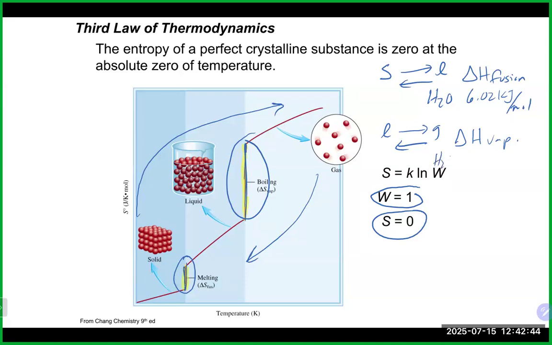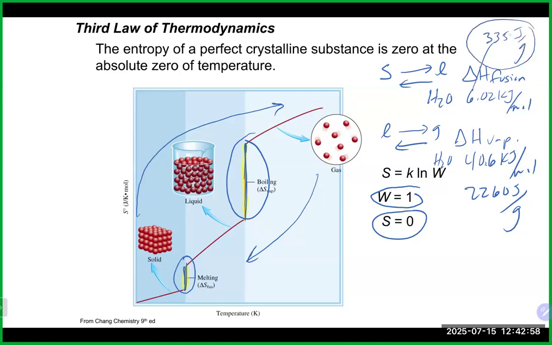For water, it's roughly 40.6 kilojoules per mole, or around 2,260 joules per gram, and approximately 335 joules per gram here. So you can see, just looking at these numbers, it is a lot more energy required to do that transition as you go from liquid to gas than from solid to liquid.